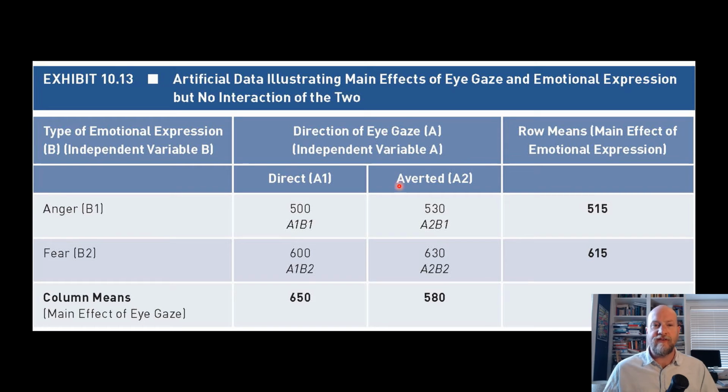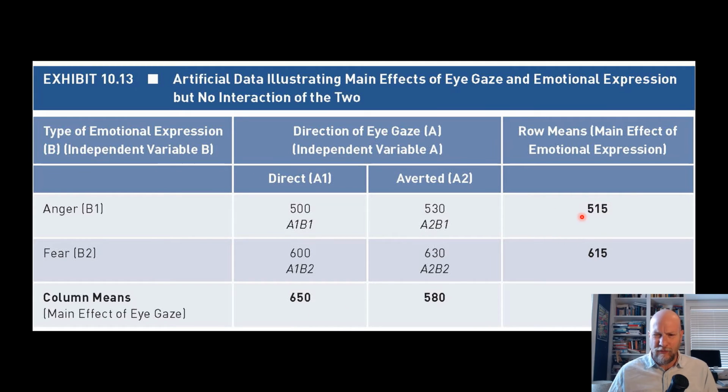Now let's look at this example. In this case, the mean in anger is 500 for direct gaze, 530 for averted gaze. In the direct gaze for fear, it's 600, and the averted gaze for fear is 630. What we get then is some different means. And in this case, you look at this and you say, well, fear and anger, there seems to be a main effect for independent variable B. There's a significant difference here between these two numbers, right?